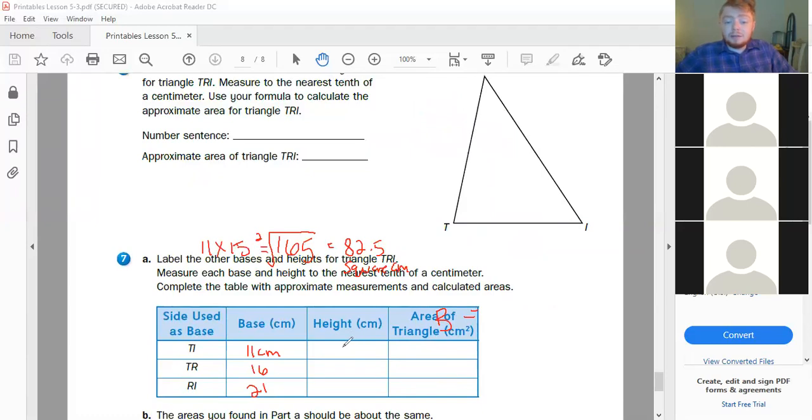So it wanted us to do this little estimate thing for all sides. We didn't do that. If you remember, we made the base the bottom one, then our height was 15, and our area was 82.5. It wanted us to do this 3 times, flipping the triangle each time: this one's the base this time, this one's the base this time, this one's the base this time. I'm not going to take us through all of that.